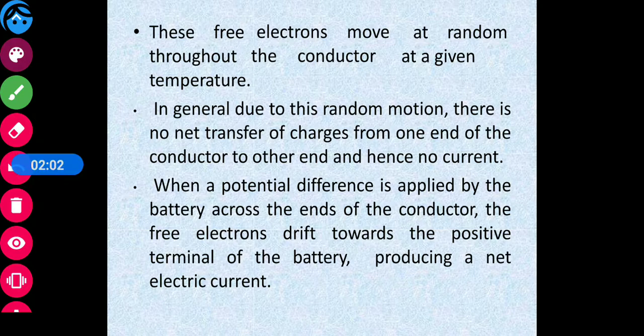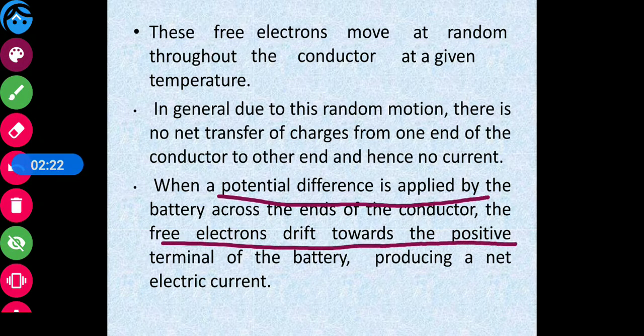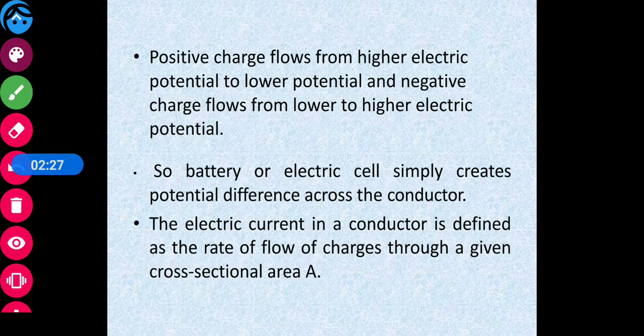In general, due to their random motion, there is no net transfer of charge from one end of the conductor to the other, and hence no current. Only when a potential difference is applied by the battery across the ends of the conductor, the free electrons drift towards the positive terminal of the battery and produce a net current.